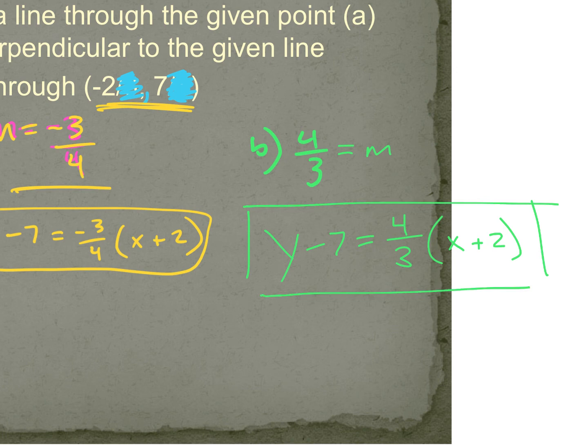You could also put it in slope-intercept form, so we could multiply this out. So 4/3 x plus 8/3, and then add 7 to both sides.